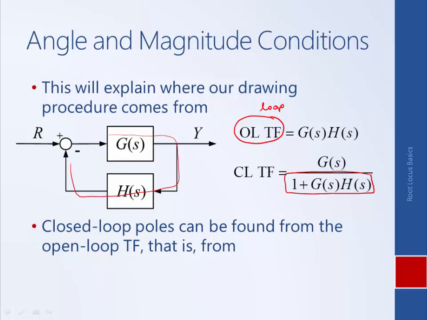So the closed loop poles can simply be found from this equation, where this is the closed loop denominator. However, it's interesting to note that this, the G times H, is the open loop denominator. So if we know what the open loop denominator is, we in essence know what the closed loop poles are without ever actually having to find the closed loop transfer function.